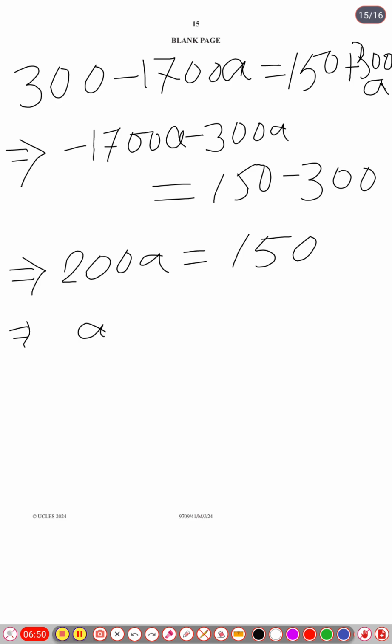Our acceleration is going to be 150 over 2000. You can do this using your calculator.